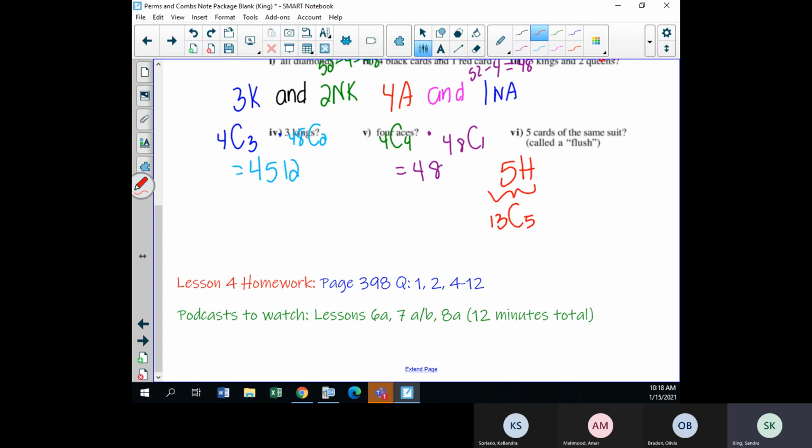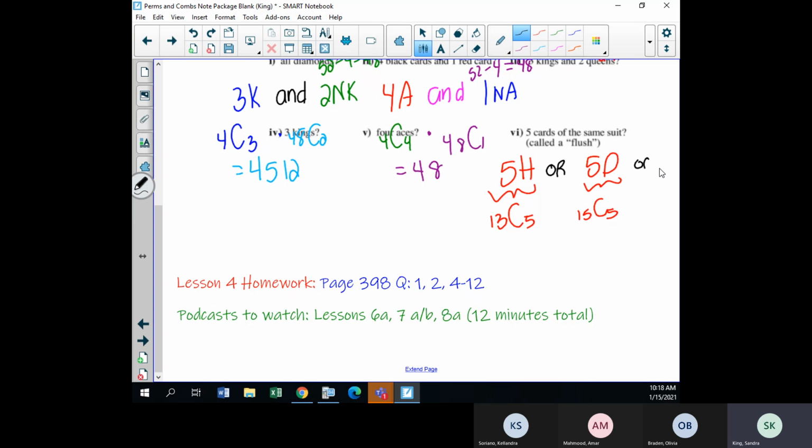However, it might not be 5 hearts that you draw. What could it also be? Yeah, so I gotta say, oh, or your flush could be 5 diamonds. And then you'd say, well, there's 13 diamonds, choosing 5. Or, Claire, what's another thing that our flush could be?